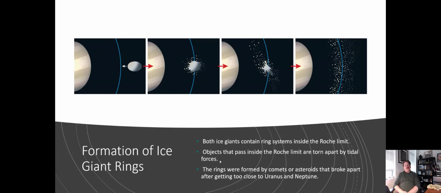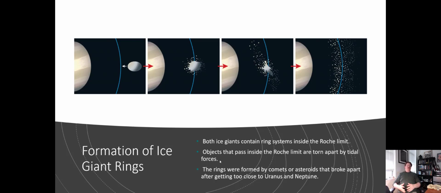Now, in terms of the formation of the ice giant rings, and to a certain extent Jupiter's as well, we believe that these are due to capturing of asteroidal material, or possibly cometary material, and that material wasn't captured in a stable orbit or any orbit whatsoever.